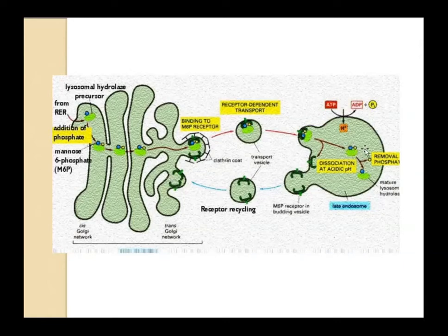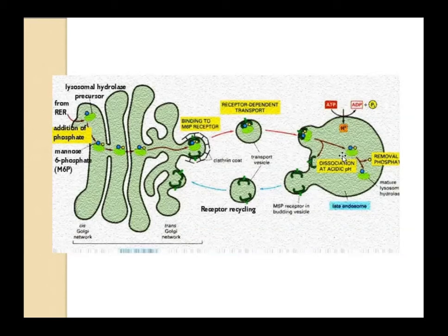But the mannose 6-phosphate groups, together with these enzymes, remain inside. Then the phosphate is removed, and finally the lysosomal hydrolase will be activated, that is, the mature lysosomal enzyme. So here we looked at the fusion of the primary lysosome with the late endosome.